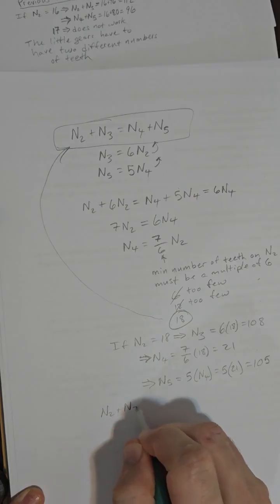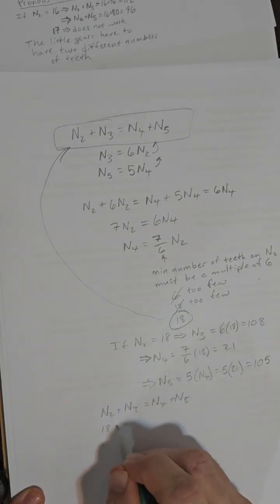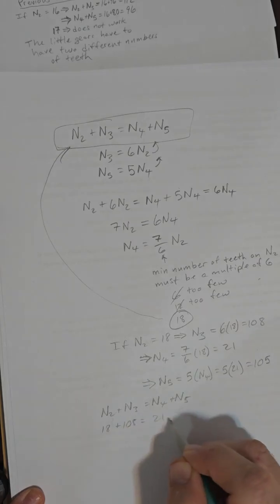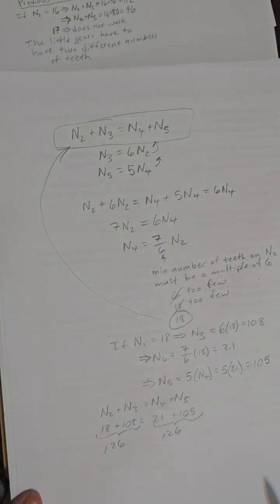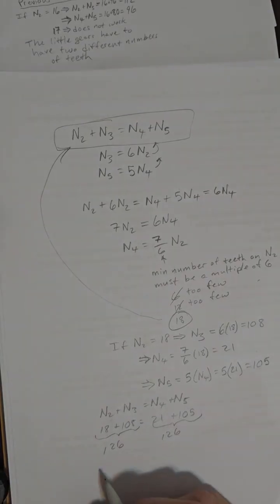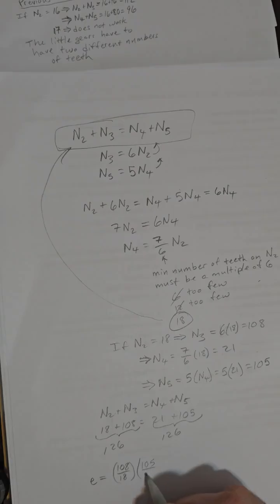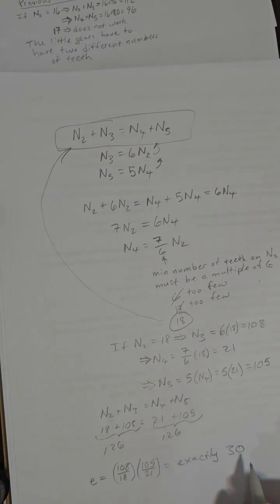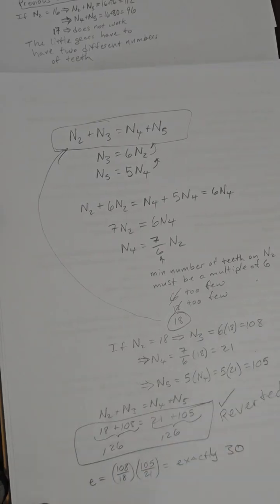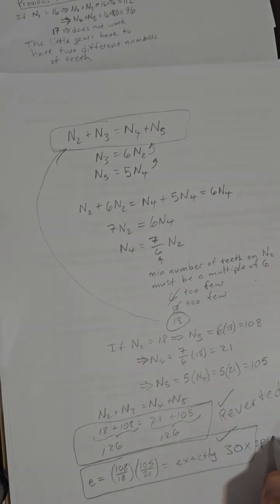N2 plus N3 equals N4 plus N5. So N2 is 18 plus 108 equals 21 plus 105. That's 126, and that's 126. So yes, it works. And let's check our overall gear train ratio. We have 108 over 18 times 105 over 21, and that equals exactly 30. So we have a reverted gearbox, and it's doing exactly the speed increase that we want. Pretty cool, huh?